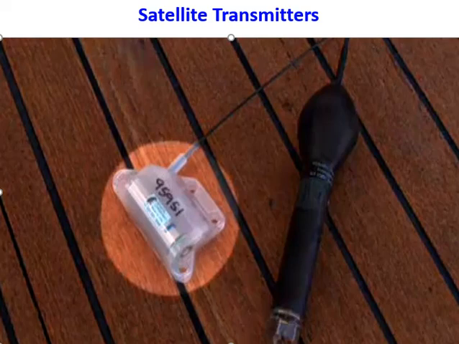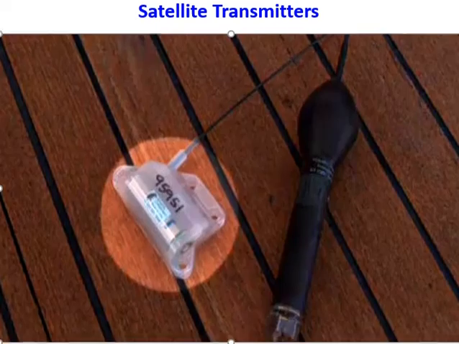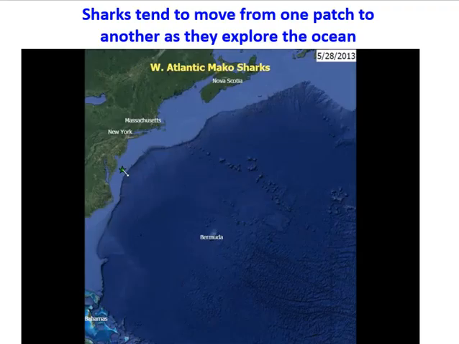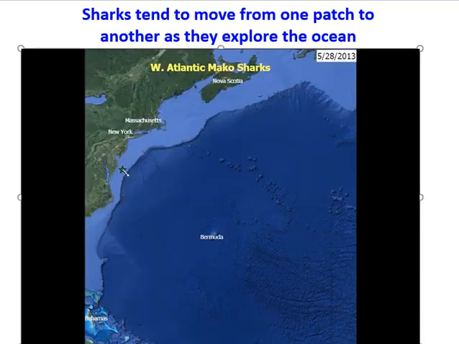So it's revolutionized what's known about not just sharks, but turtles and whales and dolphins and birds, all kinds of animals that migrate long distances. You can't really keep up with them if you're a human trying to find out where they go. So this technology has really been successful in illustrating and quantifying where these animals go.